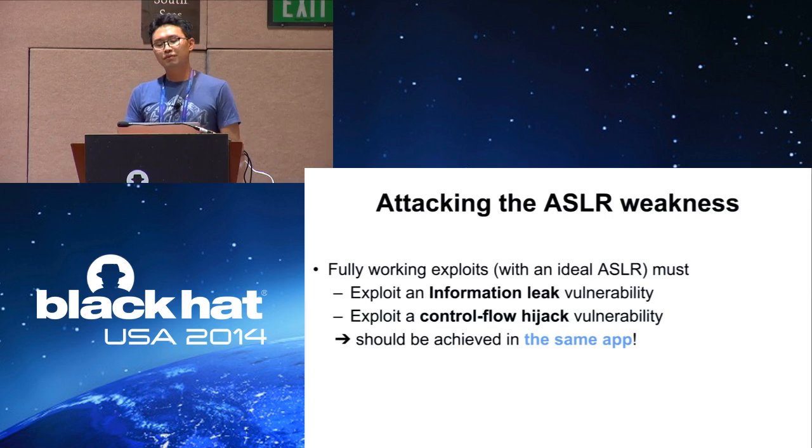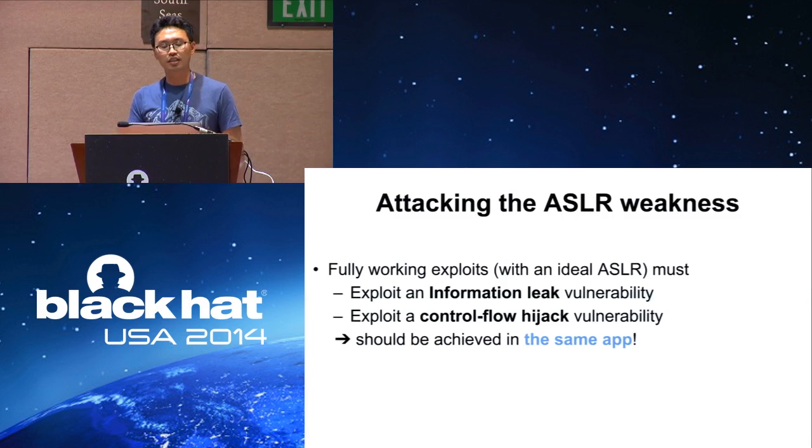Before we talk about how this can be attacked, we have to think about what the hurdles or challenges are to build fully working exploits. In the current settings, you need to exploit an information leak vulnerability first.